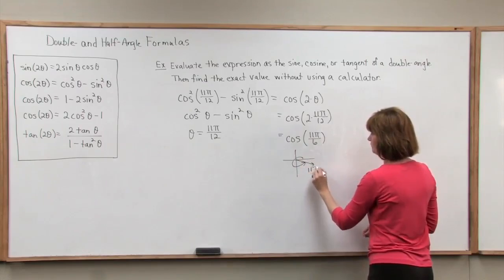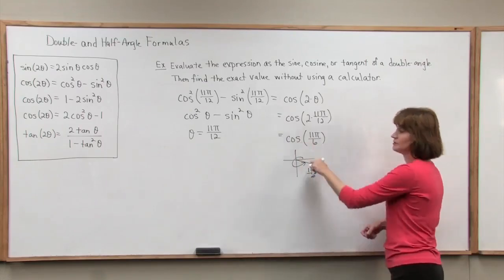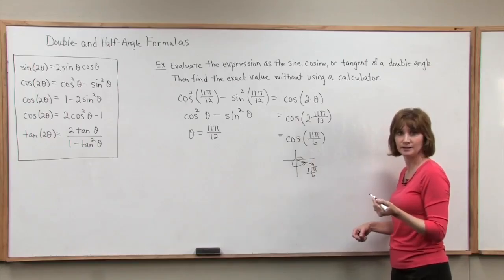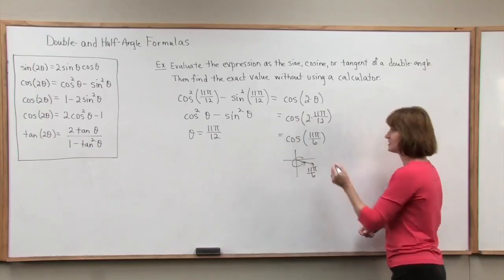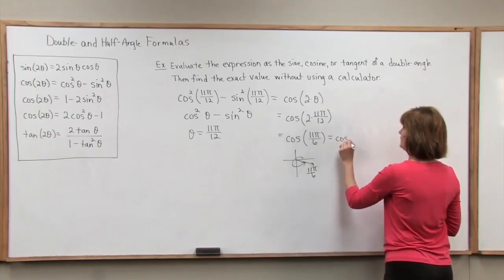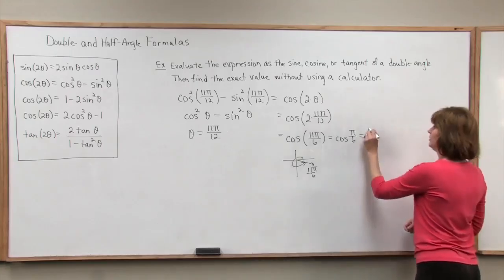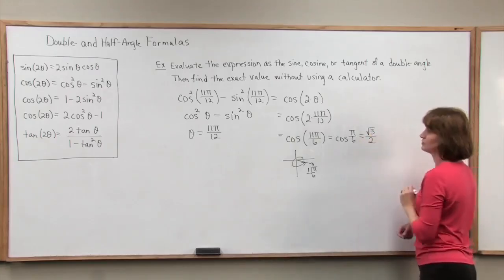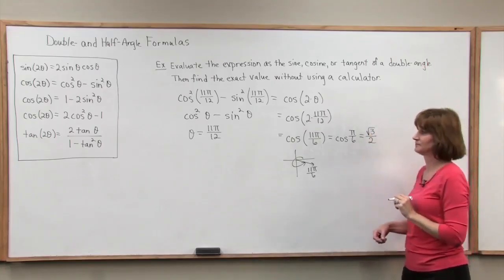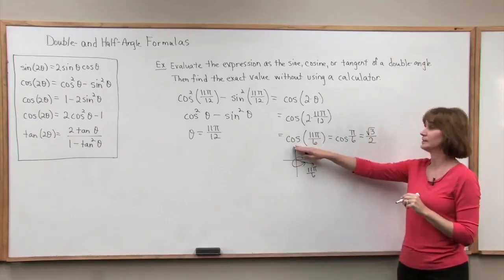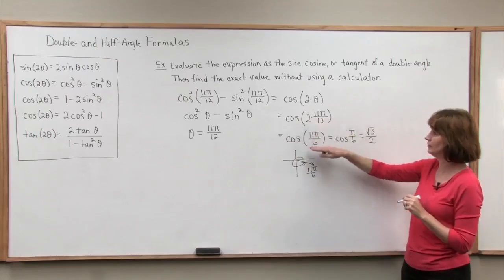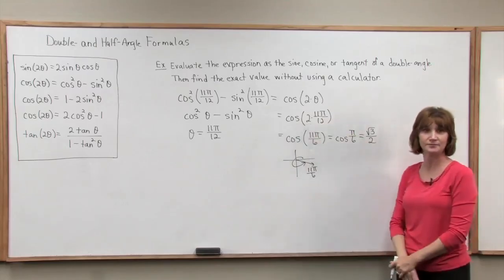Quad 4. And cosine in quad 4 is positive or negative? Positive, exactly. So this is the same as the cosine of pi over 6, and those should be values you know. That's the square root of 3 over 2. So first we wrote it as a double angle, cosine of a double angle, and then we found that value.